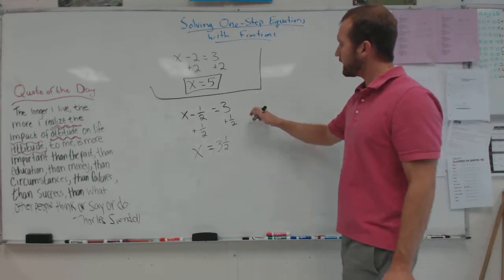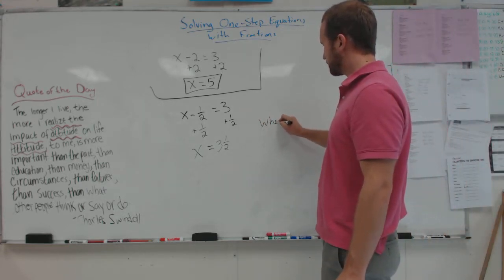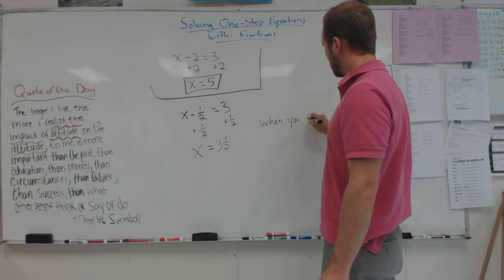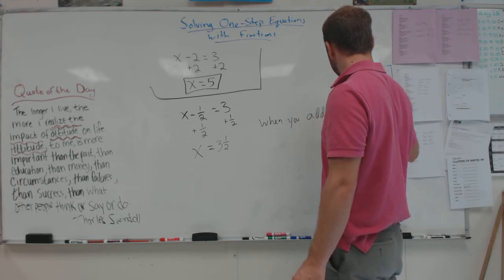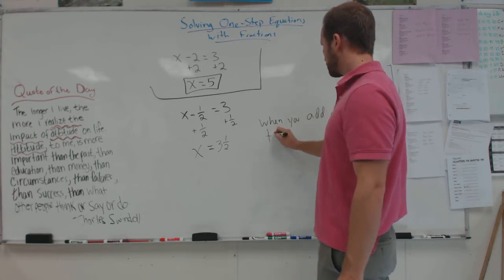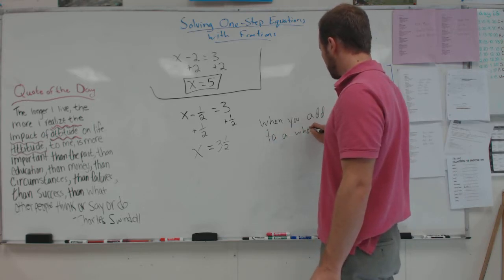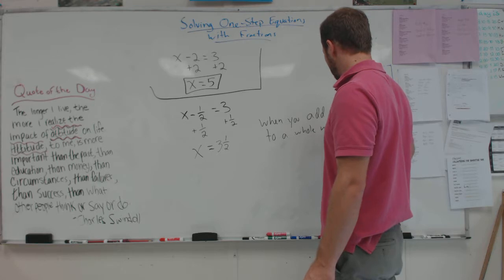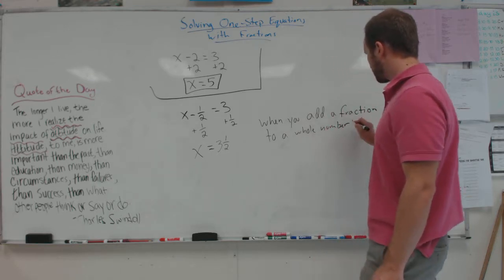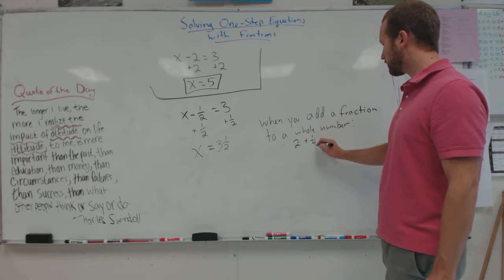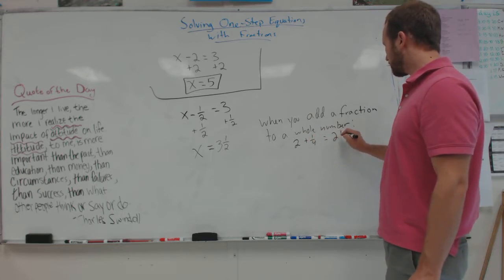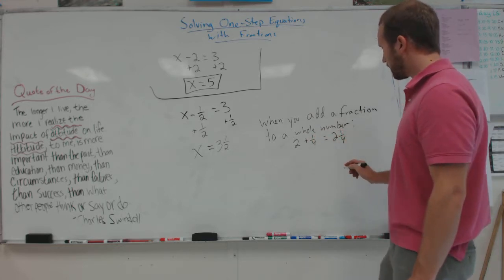So when you add a fraction to a whole number, like this, 2 plus 1/4 equals 2 1/4, right?